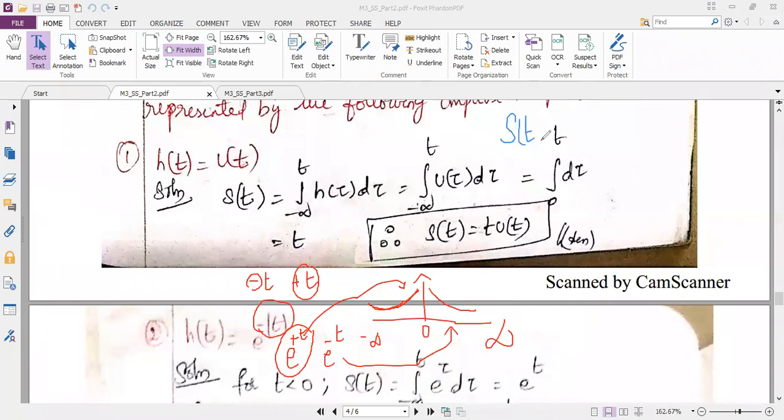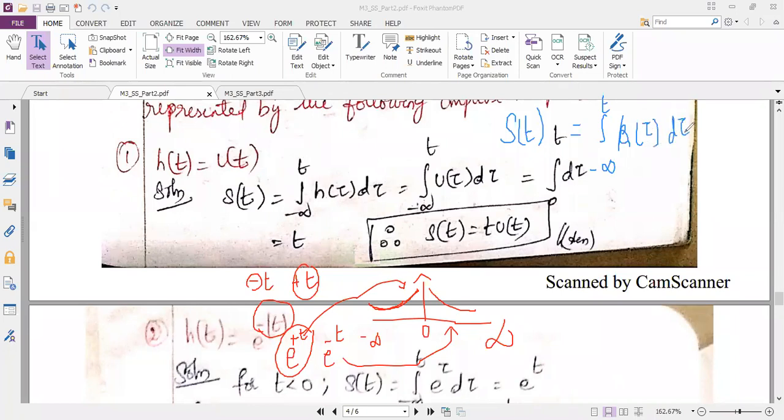I can write it as S of t is equal to, my original formula is the integral from minus infinity to t of h of tau d tau. This is my original formula.